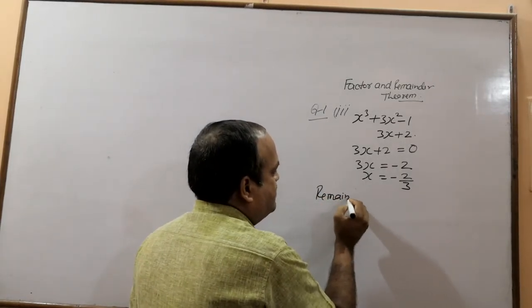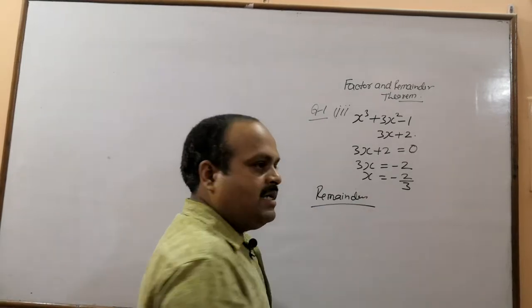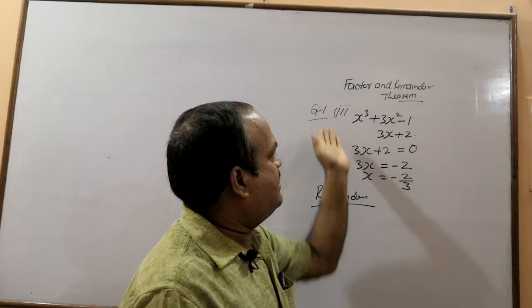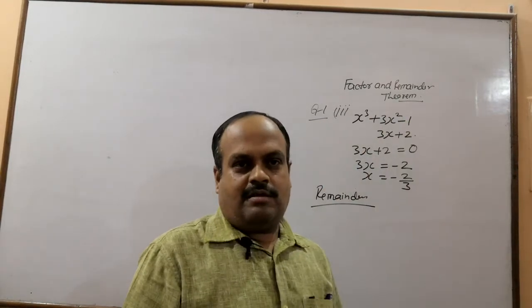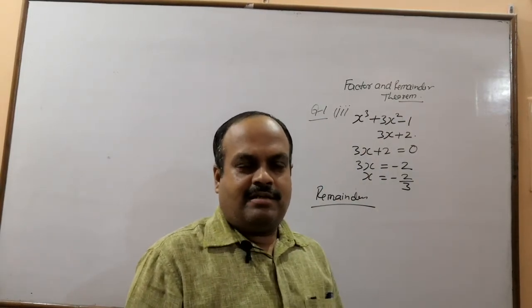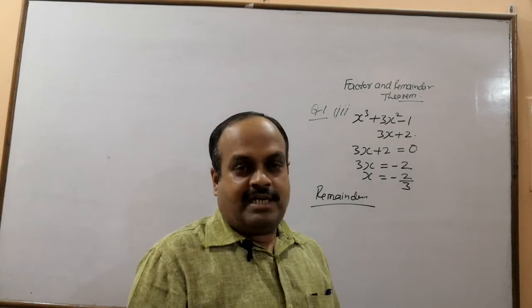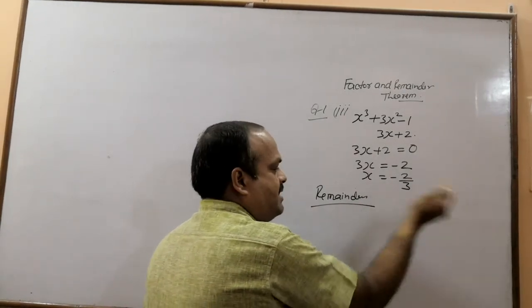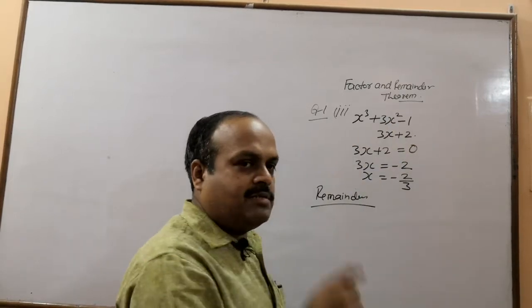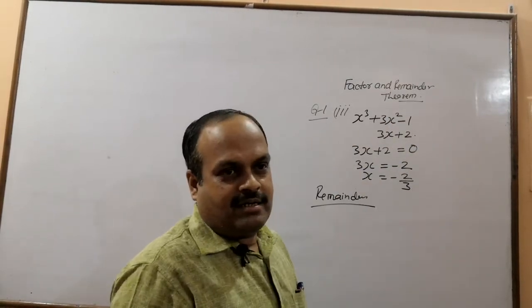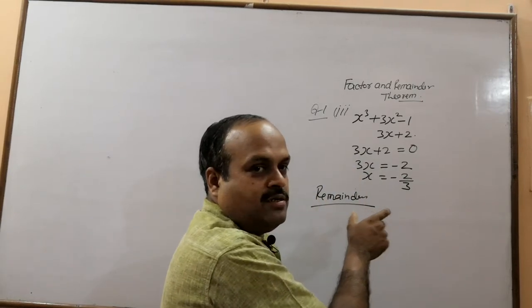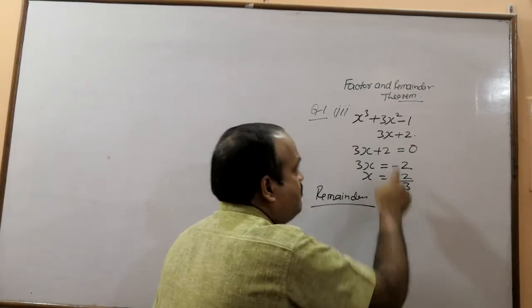Some of the students write remainder, and at the place of remainder they write this polynomial or expression. That is a wrong step. If you write here remainder and after this you write this expression, it means that step is wrong. Since you have written here remainder, it means you have substituted this value there.